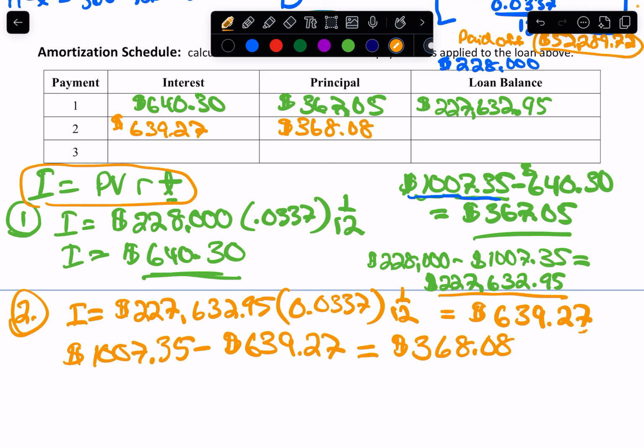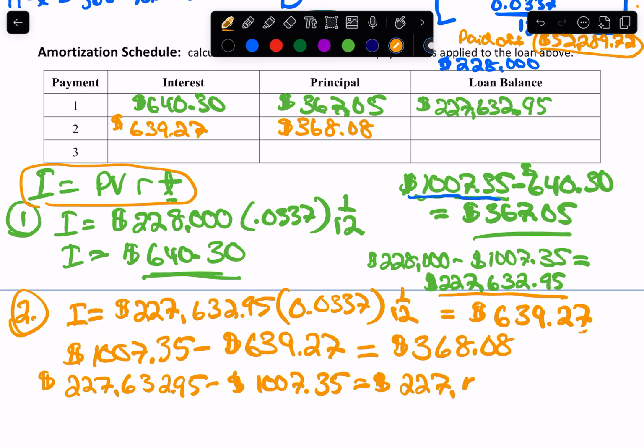And then we're going to again subtract. We're going to take $227,632.95 and subtract the monthly payment, $1,007.35, from that. And we have $227,264.87 left. So that is our loan balance.